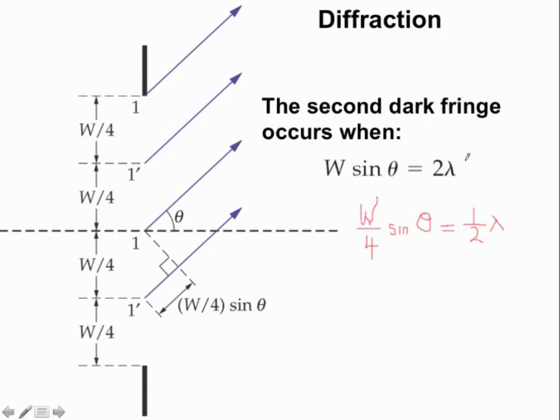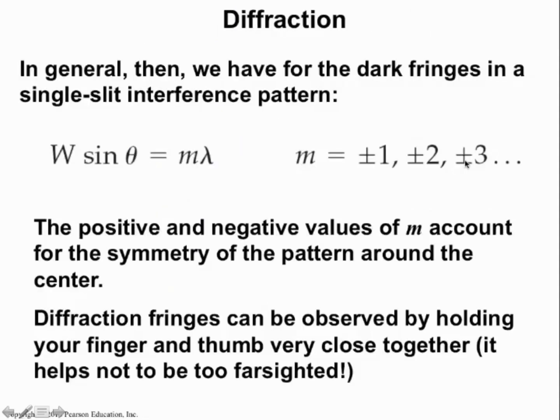Alright, so as I said before, with single slit diffraction, what we're really looking at is the dark fringes. Those are easier to see. They stand out. They're thin in relation to the predominant bright fringes. In general, then, for the dark fringes in a single slit interference pattern, W sine theta equals m lambda, and that's for integer values of m.